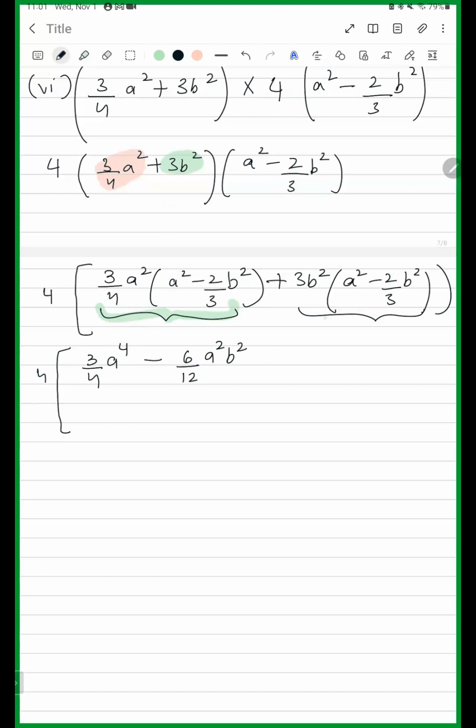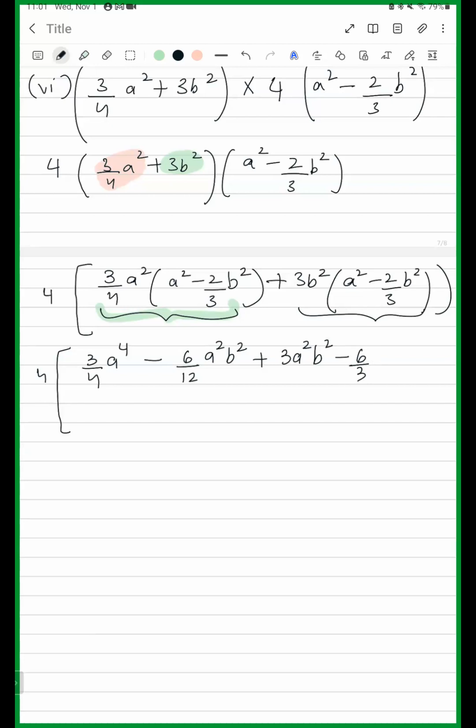Then plus 3b square a square, I will just write a square b square. Then minus 6 by 3, b raised to the power 4.